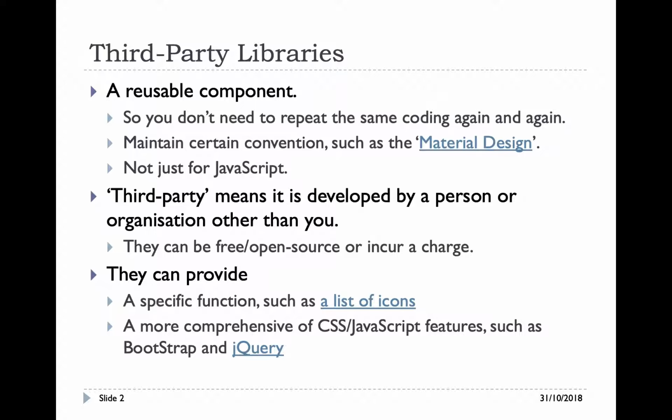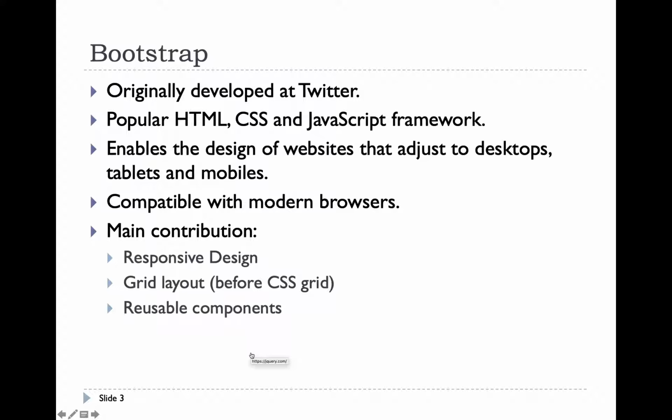There are many popular third-party libraries, and besides Bootstrap, jQuery is also one of the very popular ones, at least in the last few years. Bootstrap was originally developed by Twitter. You would all have at least heard of it, and it includes some HTML, CSS, and JavaScript components, but mostly it's about CSS.